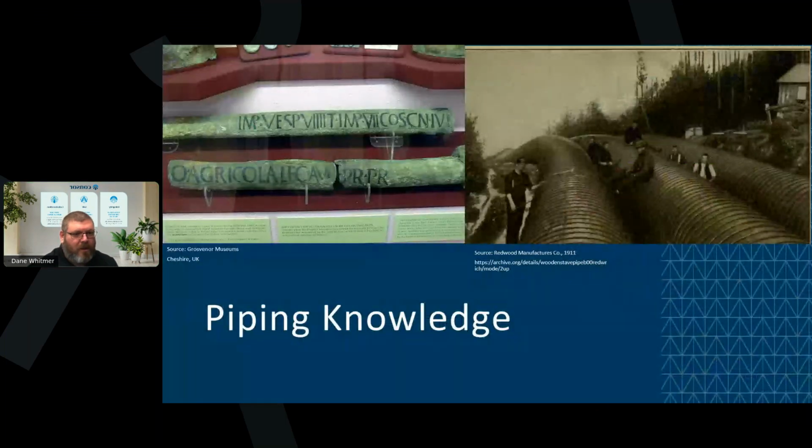Quickly, I typically do this in a group setting, but here are a couple of pictures of things that maybe you've seen, maybe you haven't. The question typically is, what's your best guess of what each of those are? On the left-hand side is actually lead pipe that was used by the Romans about 200 BC.